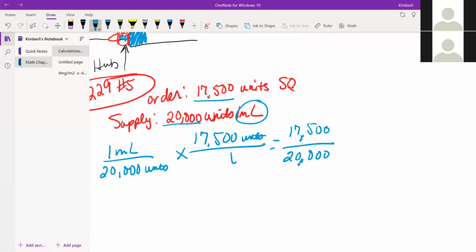And using my calculator, my lucky old TI calculator, 0.875 milliliters.